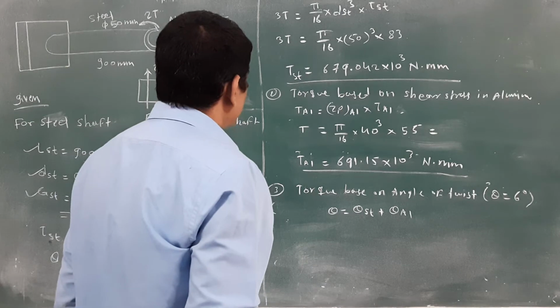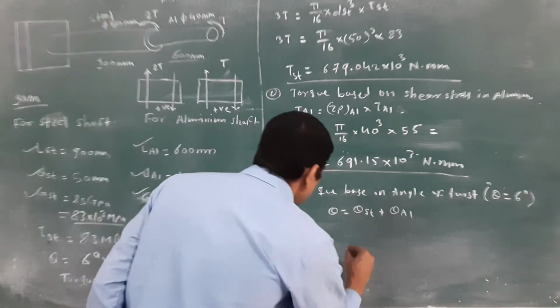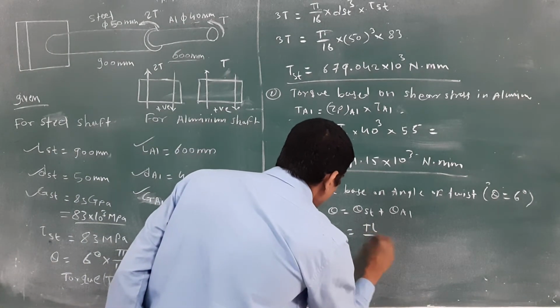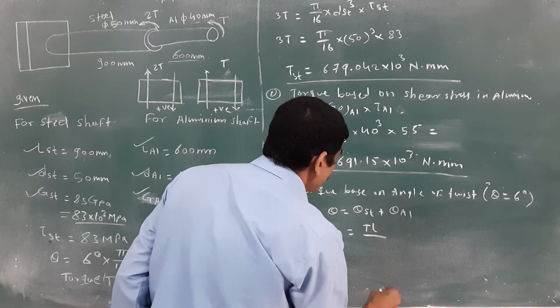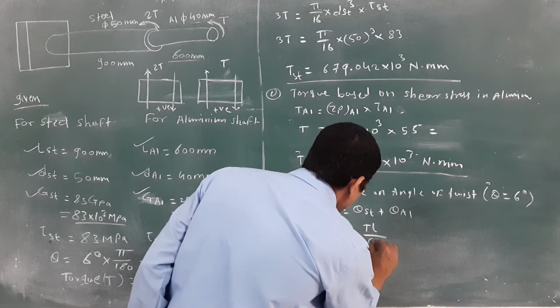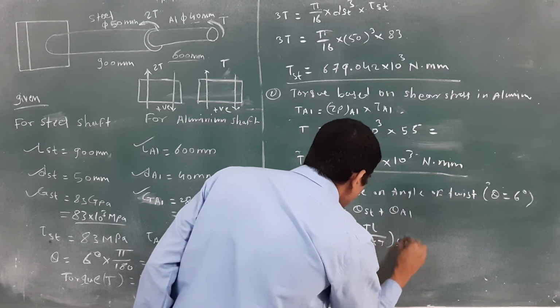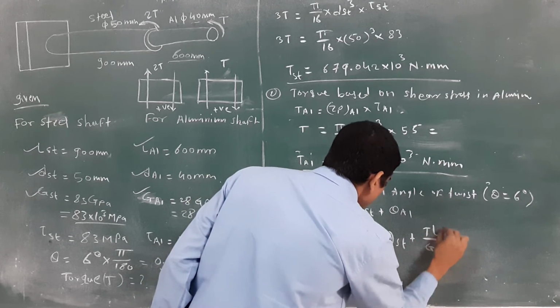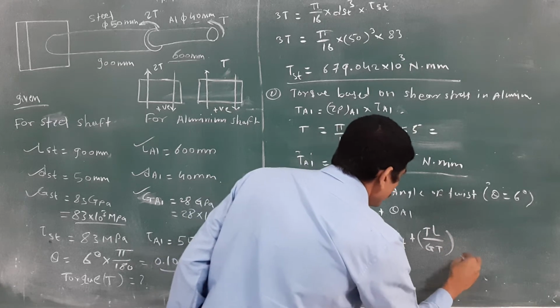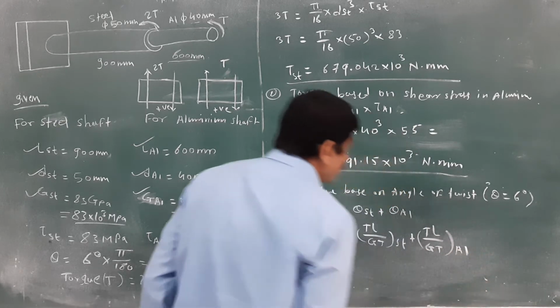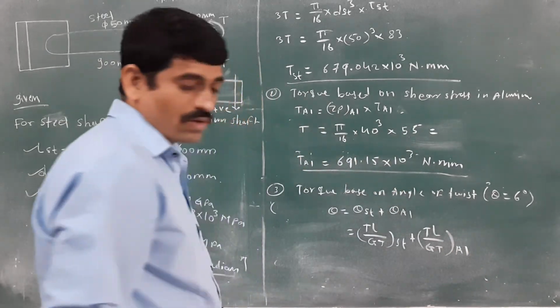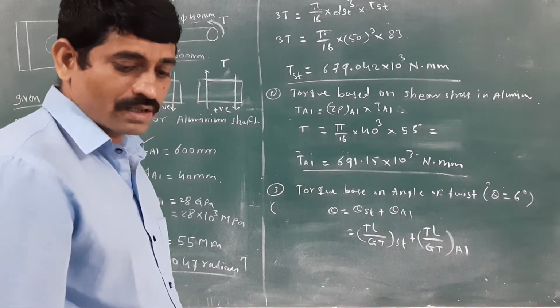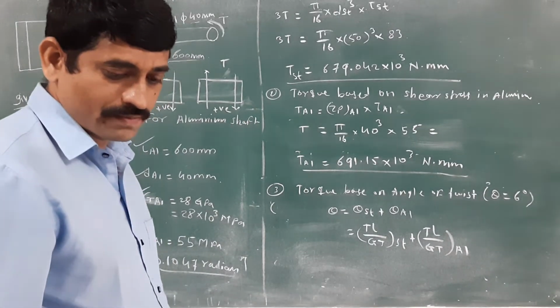We know the generalized equation, TL by GJ for steel plus TL by GJ for aluminium. We are putting all these values in the given equation.